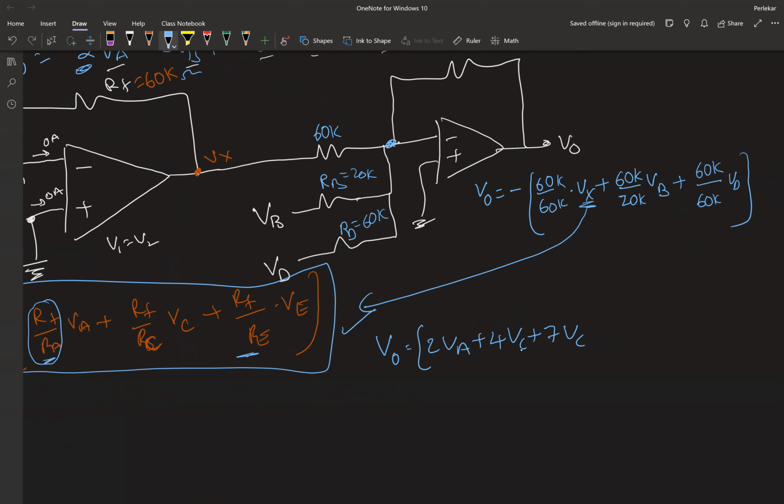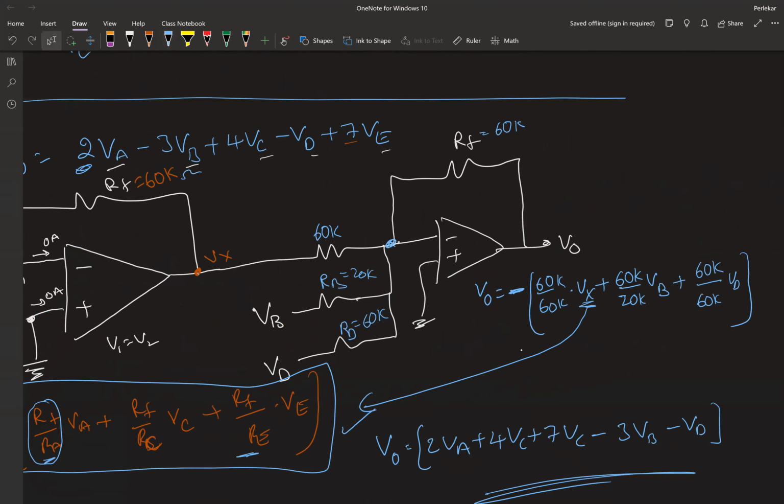Then here I'm going to take this negative inside. That's going to be negative 60 divided by 20, which is 3 VB, minus VD. That's the output, and that's what the given question is.